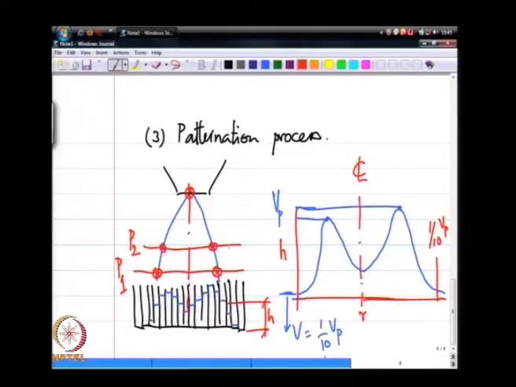Okay, it is always good to do this at two axial locations, again because of this feature that spray edges are not linear entities.